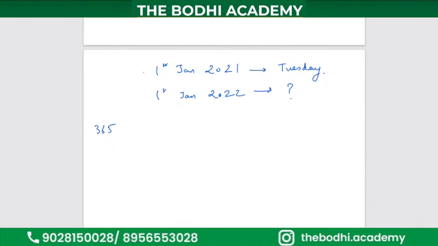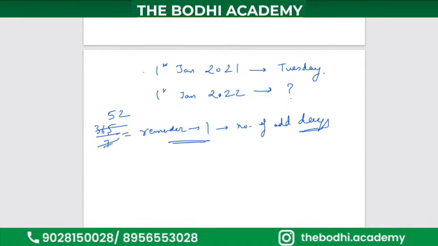When we have 365 days, divide by 7. 7 5s are 35, 7 2s are 14, so 52 weeks, but with a carry over. So how much is the remainder? 1. So the remainder is 1. That means this 1 is the number of odd days.